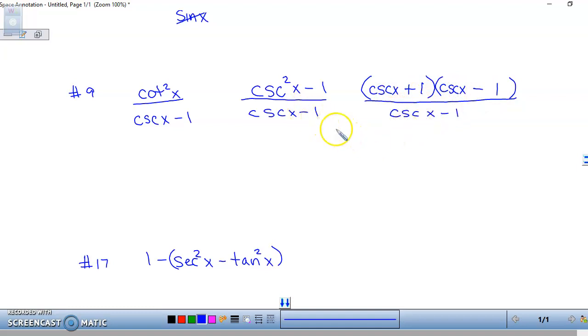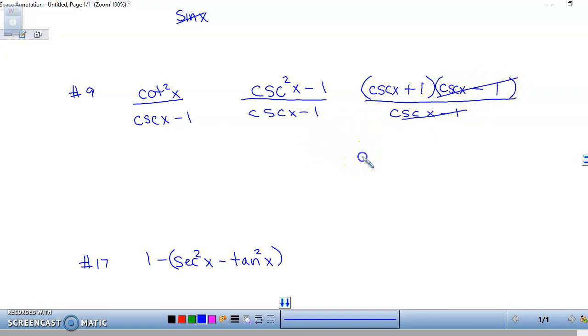This is just like when we were doing rational functions. The denominator has to be exactly like one of the pieces of the numerator, and it just happens to be cosecant x minus 1 in the bottom, and we have a cosecant x minus 1 in the top, so they cancel.